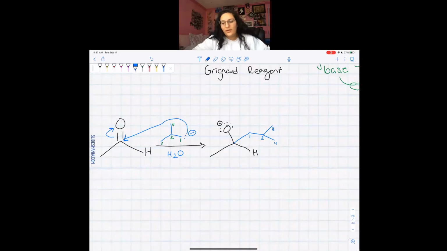At this point, just like our reduction reaction, we don't have anything else to do. We don't have any leaving groups or anything, so we have to protonate. So someone said form the double bond. That's a wonderful idea. We could do that if we had a leaving group. But in this case, we have a hydrogen. We can't get rid of a hydrogen, so we're just going to protonate.